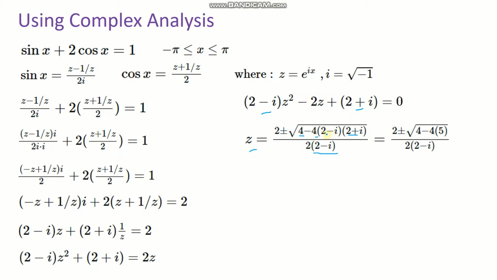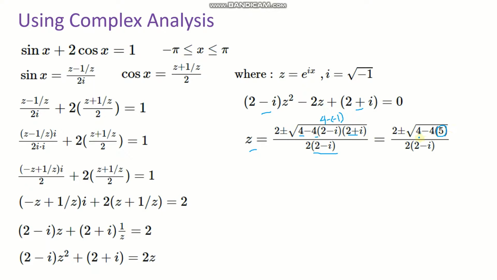You notice inside the radical we have (2 minus i) times (2 plus i), which is a product of 2 conjugates. So we just square the first term, 2 squared, minus the square of the second term, i squared. And i squared is negative 1. Negative 1 times negative is plus 1, so we have 4 plus 1, which becomes 5.